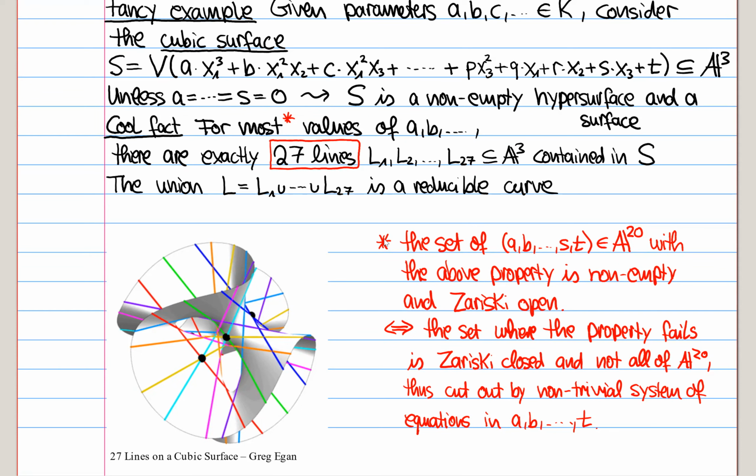One sense in which you can interpret this is that, for example, if you work over the complex numbers k equals C, then these are all complex numbers, and you could choose a small ball around the origin in the complex numbers, and then draw every one of those parameters at random from this ball.